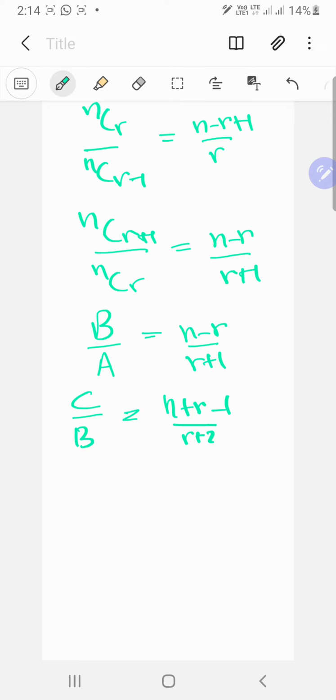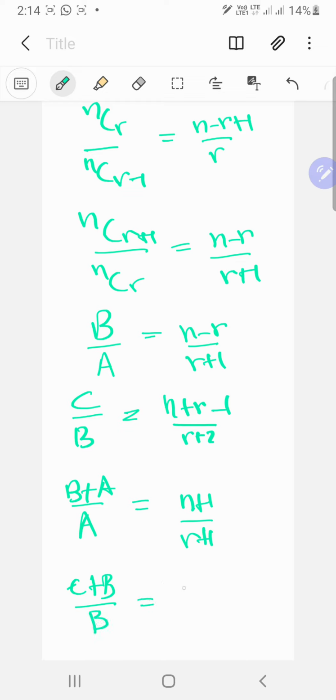So let's add 1 on both sides. It's going to give me (b plus a) upon a, which, if you add 1 on both sides, gives n plus 1 upon r plus 1. And over here you will have (c plus b) upon b, which will also be n plus 1 upon r plus 2.